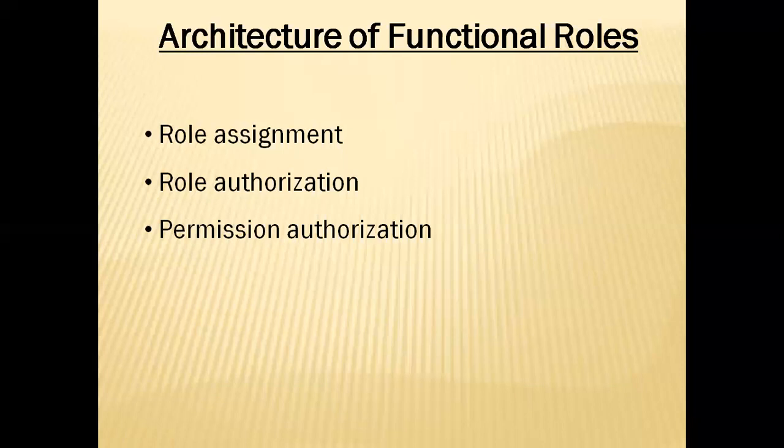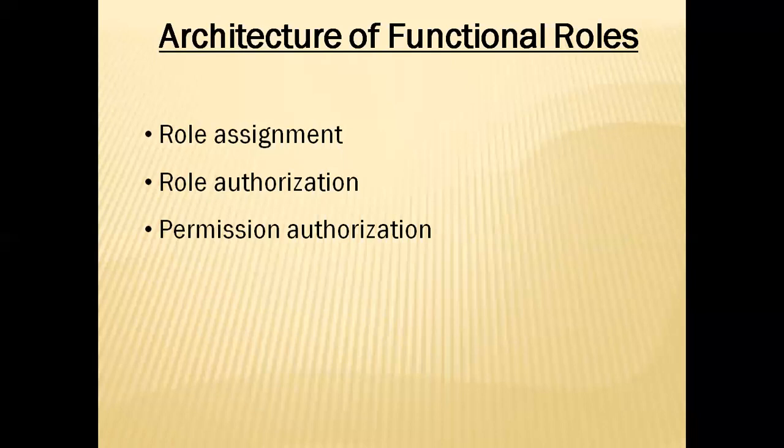Then comes the role authorization. A user's active role, this is very important, must be authorized for the user with the rule of role assignment. This rule ensures that users can take on roles for which they are authorized. So it's not only that your role has been assigned. Once you enter into the system, you need authorization to access information. That is what is called role authorization. Then comes the permission authorization.